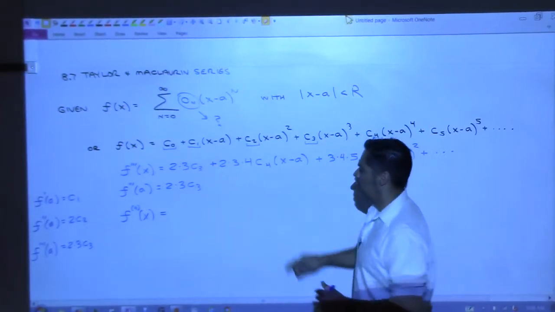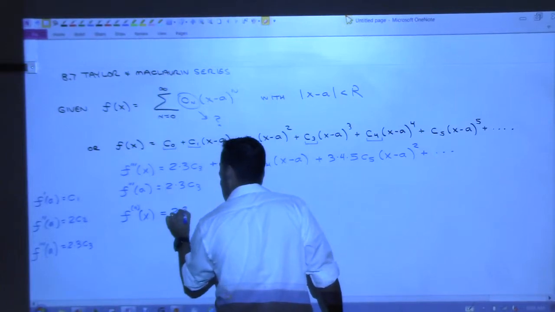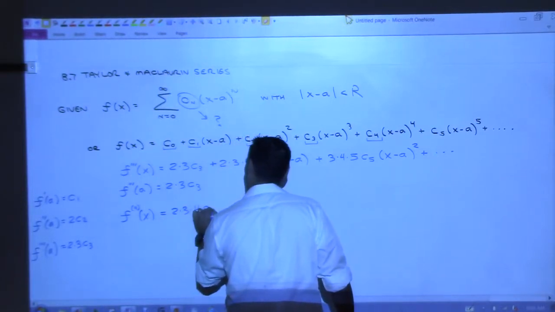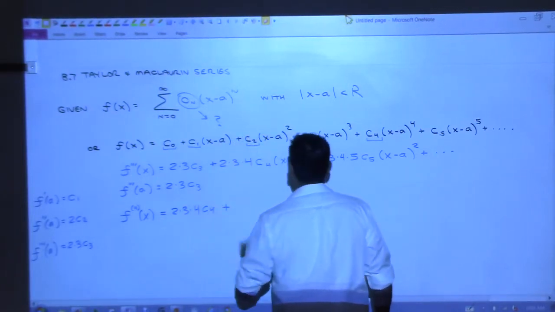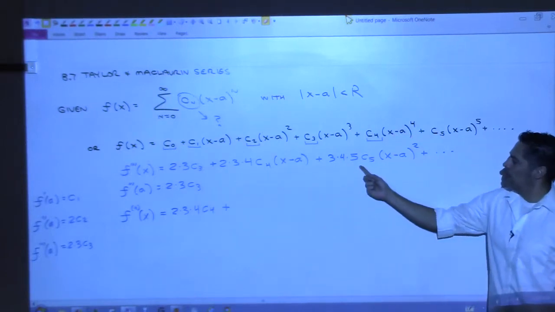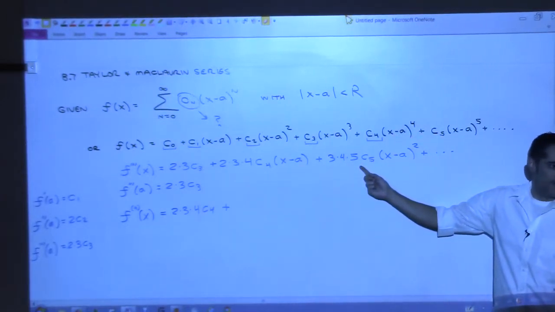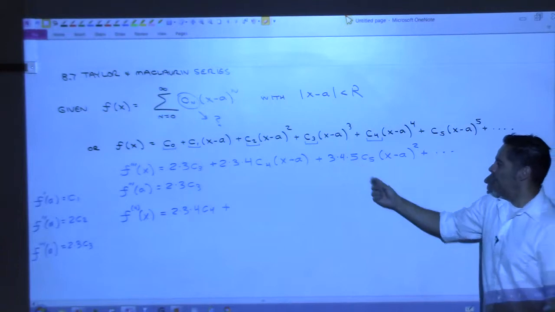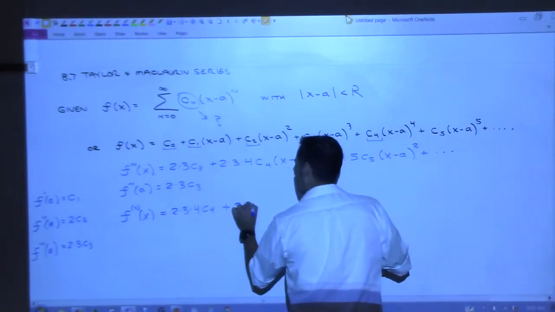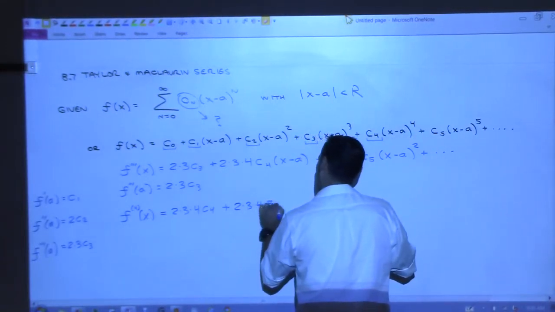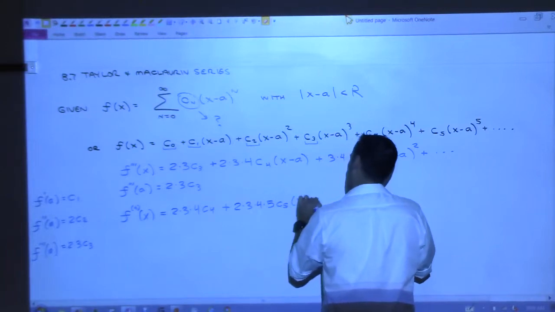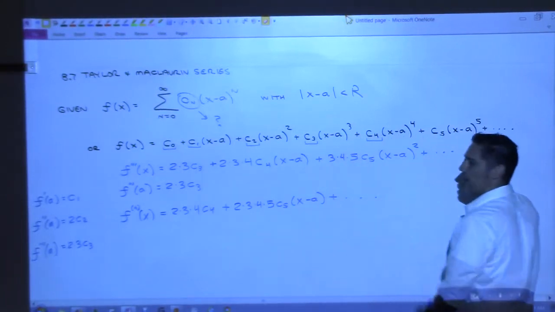Derivative of this, 2 times 3 times 4, c sub 4. And then check out this next one. 2 times 3 times 4 times 5, c sub 5, X minus a. And then I keep going, right, with this.